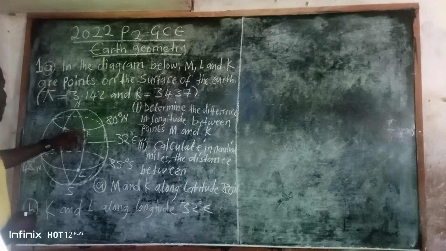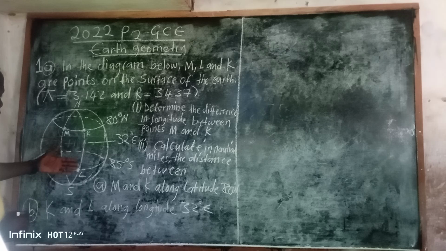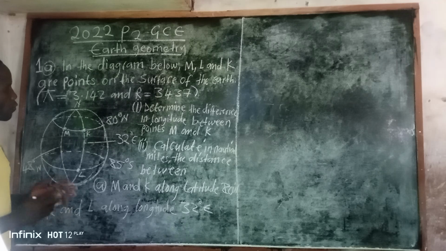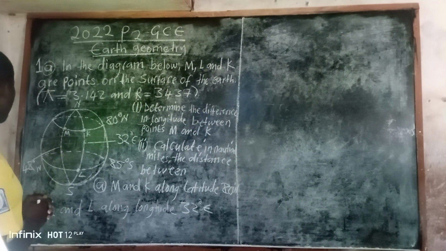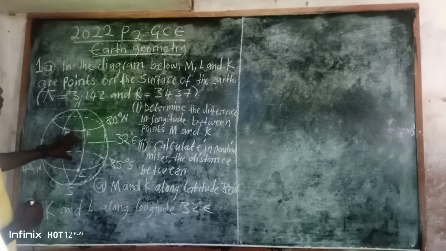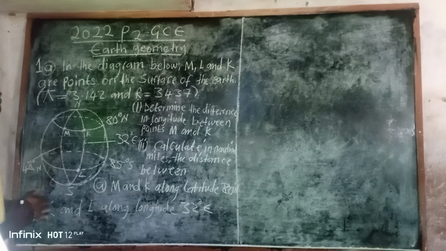Then point K lies on the longitude of 32 degrees east. So these 2 points are not on the same side. So what are we going to do? We are going to add them to find the difference between them.